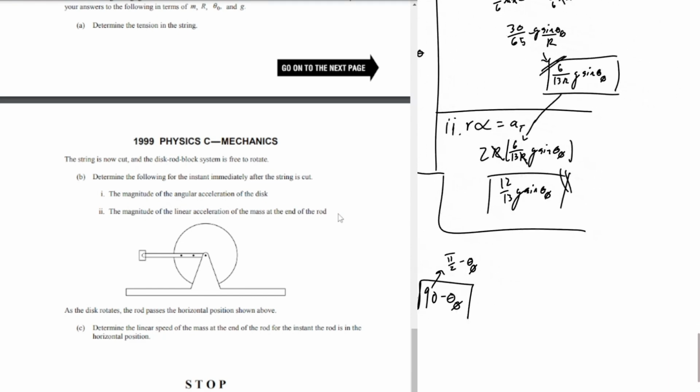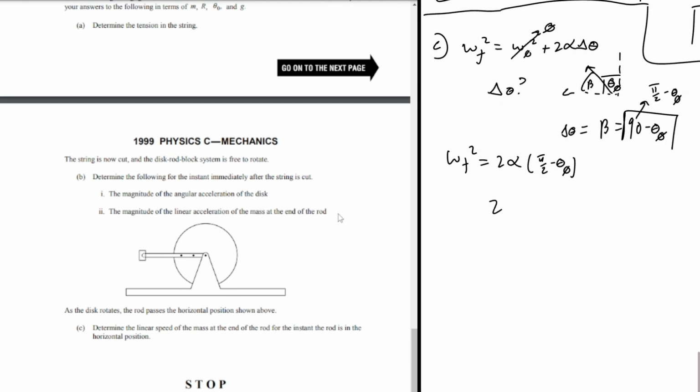And what was our alpha? We'll just pull that from over here, which was 2 times 6 over 13 r g sine theta naught, times pi over 2 minus theta naught. And we'll take the square root of that to get omega final.